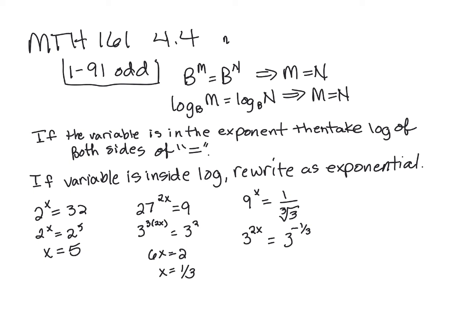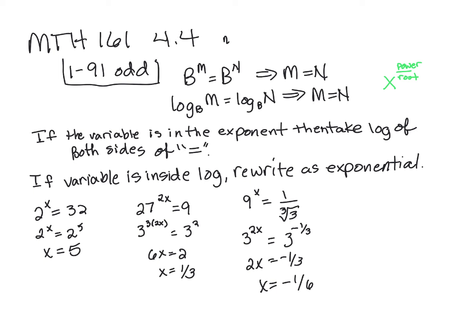Remember, the top is the power, the bottom's the root. Let me write that down. If you have x to a fraction, the top is the power, the bottom is the root. Keep that in mind. Okay, so 2x equals minus 1/3, and x equals minus 1/6.